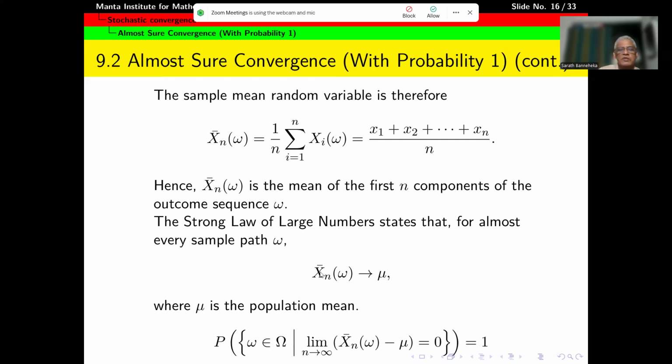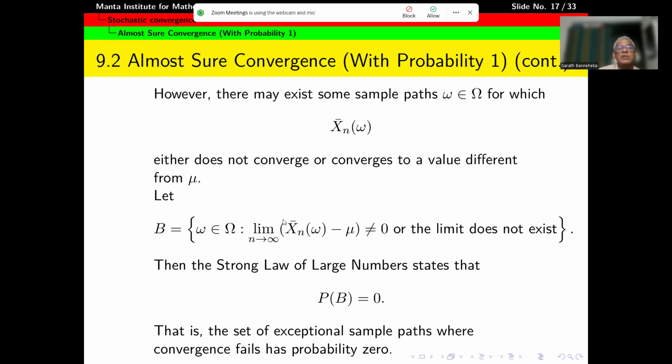So therefore, we can say that xn bar omega converges to mu almost surely. Mathematically, it means the probability of the set of omegas where the difference between xn bar omega minus mu becomes 0 as n goes to infinity is equal to 1.